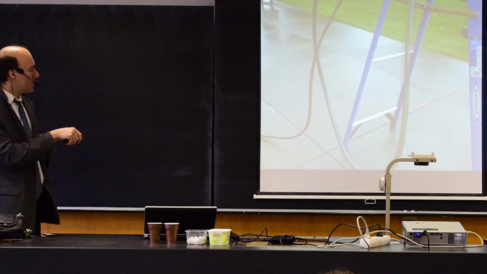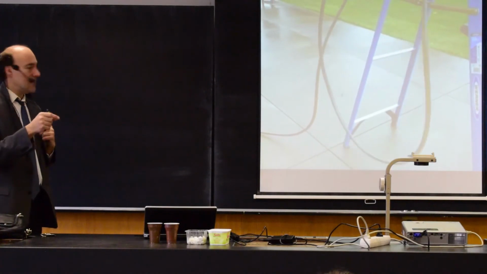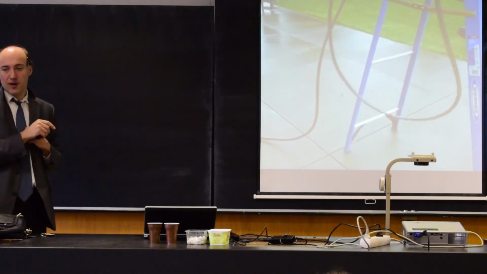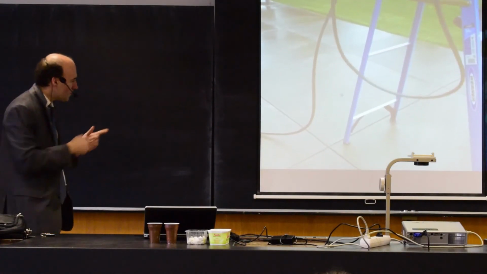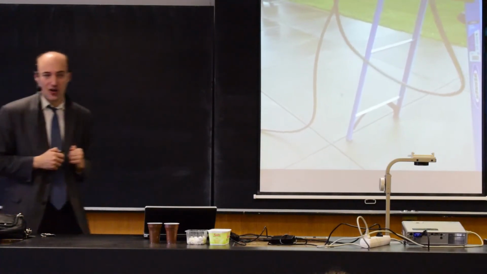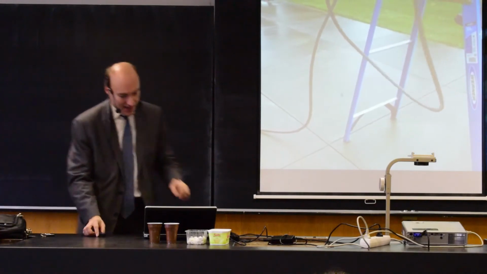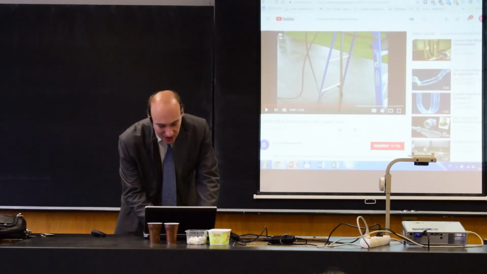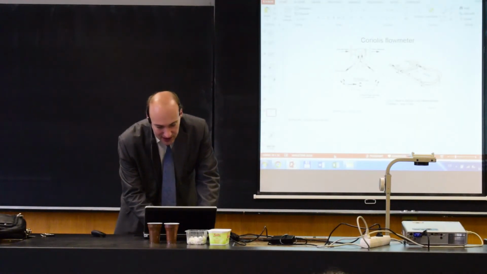So the Coriolis force has different directions on this side of the pipe and on this side of the pipe. So this is basically what's inside a Coriolis flow meter. Of course, the motion is not significant as here on the video.